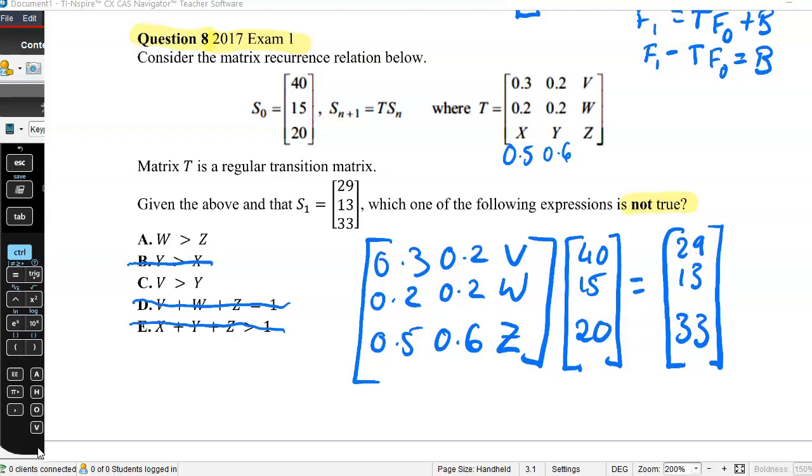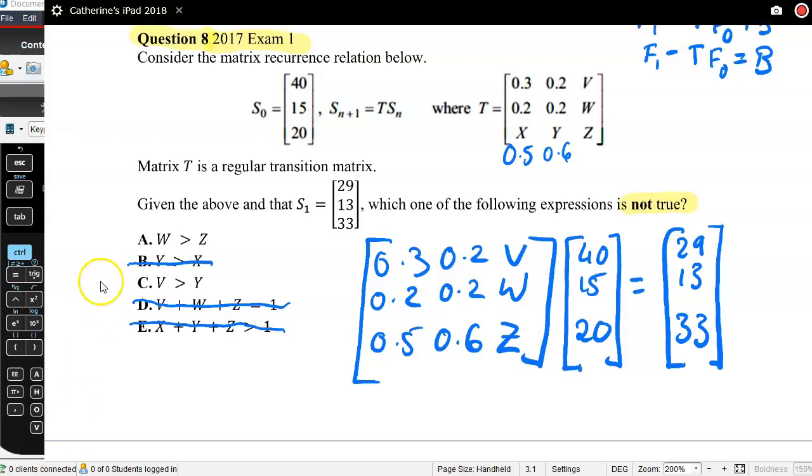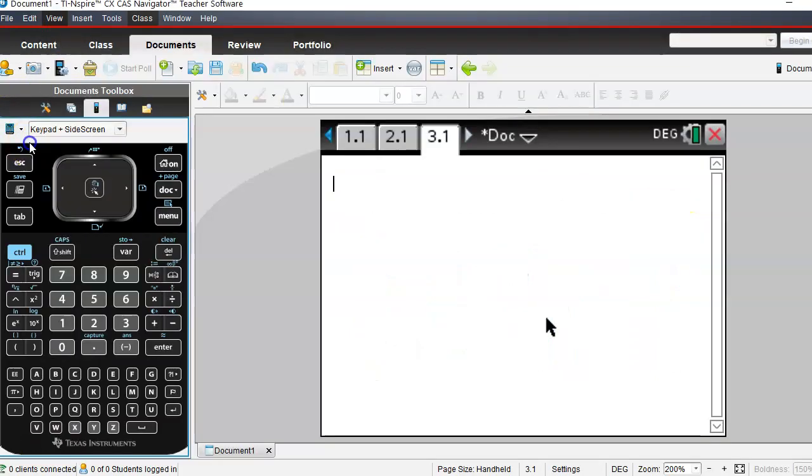29. I can set that up on my CAS calculator.